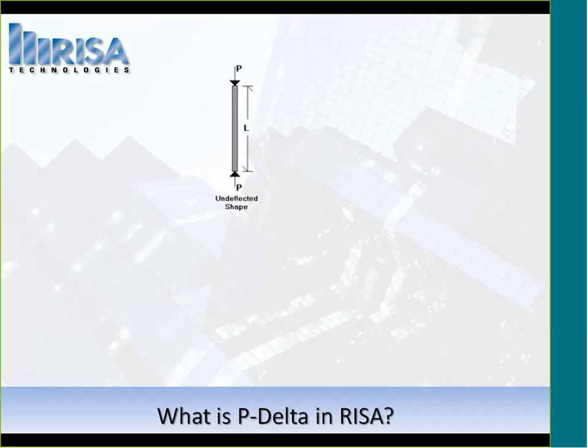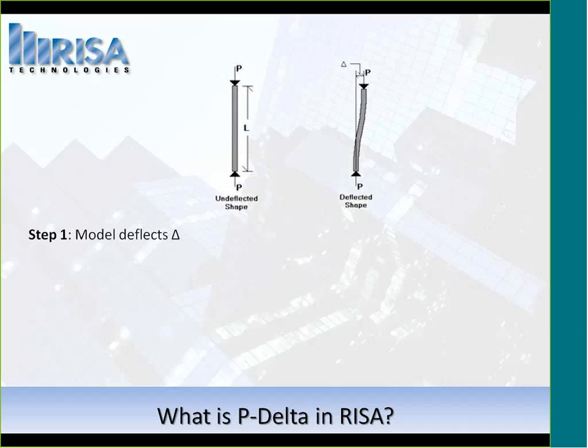So the what is, we can look a little closer at a column. This is sort of our classic RISA explanation, and let's examine it a little bit here. If we're looking at a column, it has some force on it, or P, and that's shown in this picture. The length of that column is listed as L, and that's its undeflected shape.